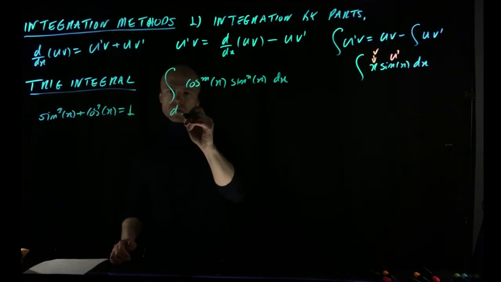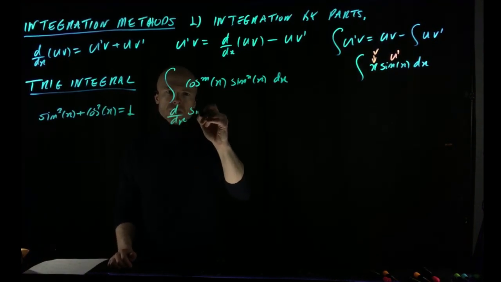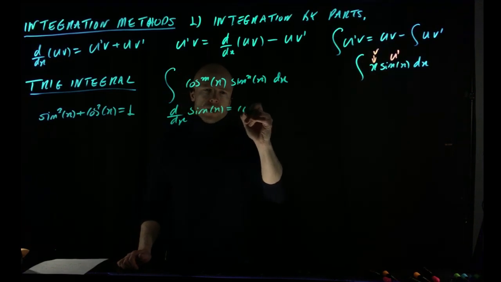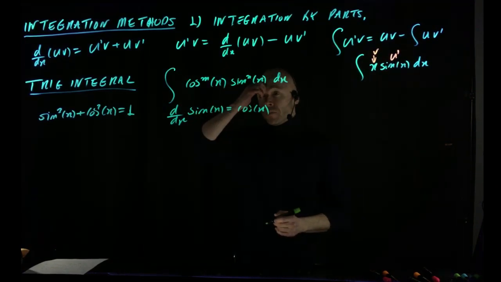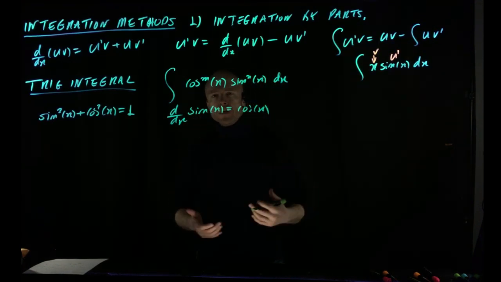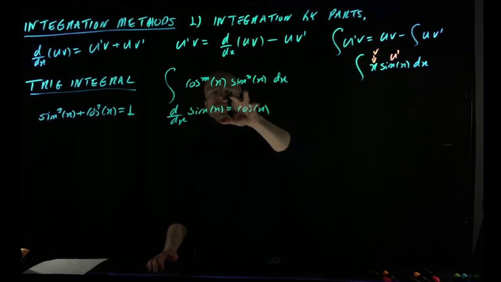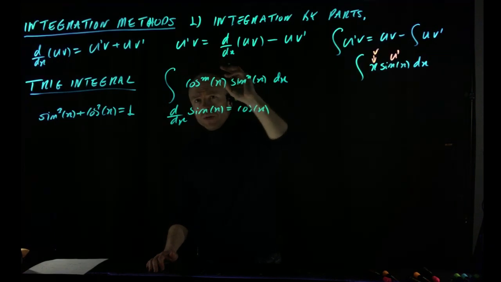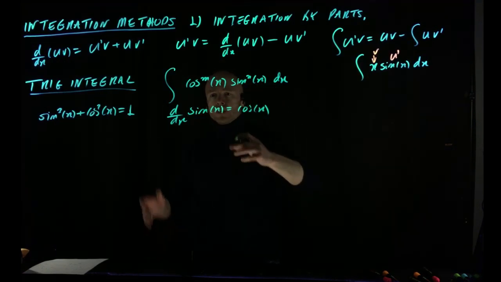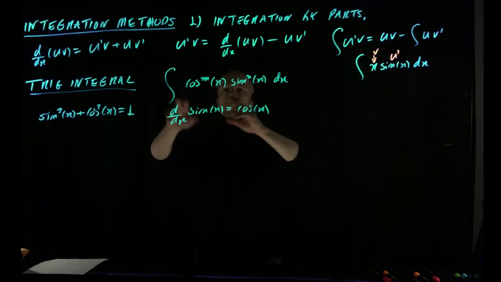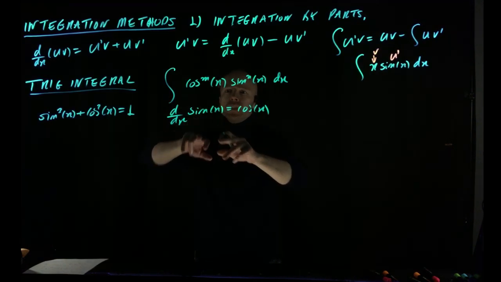And we know, of course, what happens when we differentiate sine. We just get cosine. When we differentiate cosine, we get minus sine, right? So what we want to do is to use u sub and turn all of this stuff into a whole bunch of cosines and a single sine, right? And if we can do that, then we're going to let u be cosine, and use this identity right here.